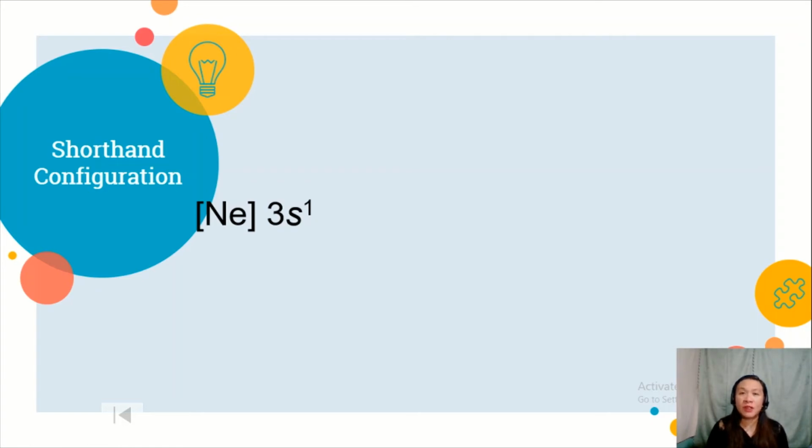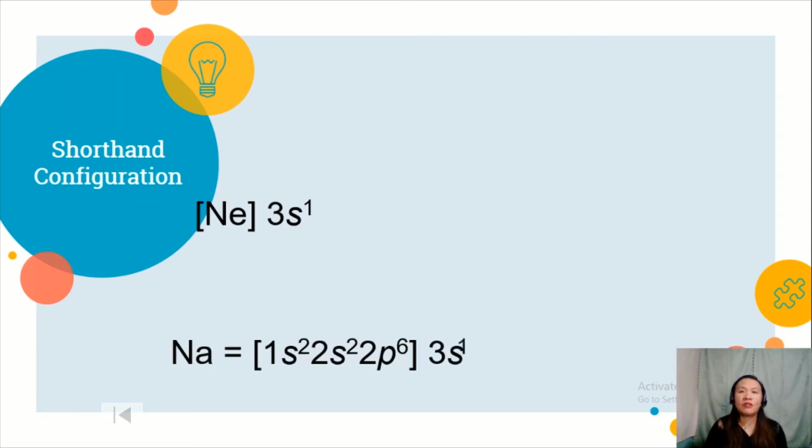This is the shorthand configuration of sodium. For sodium, the longhand configuration is 1s2, 2s2, 2p6, 3s1. Again, its shorthand would be [Ne]3s1.